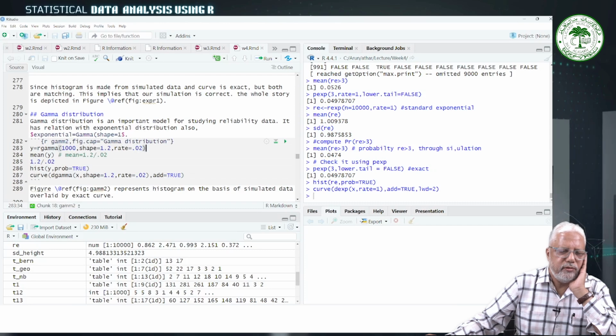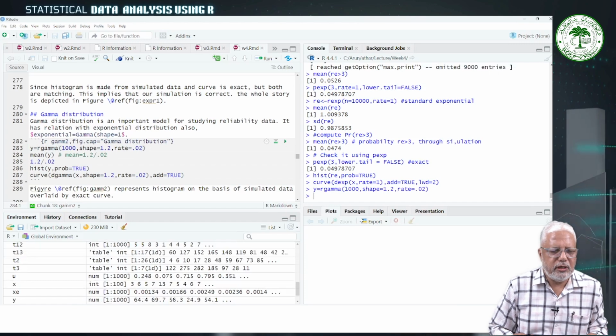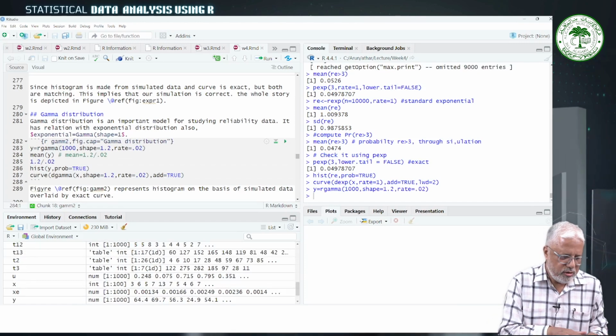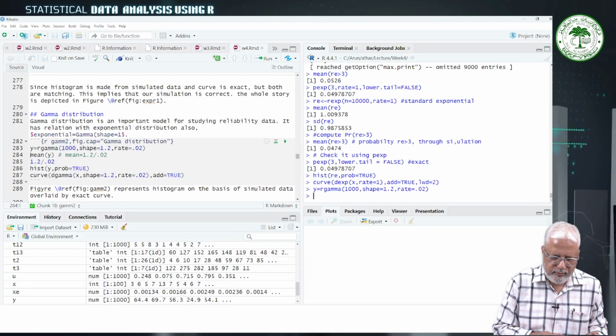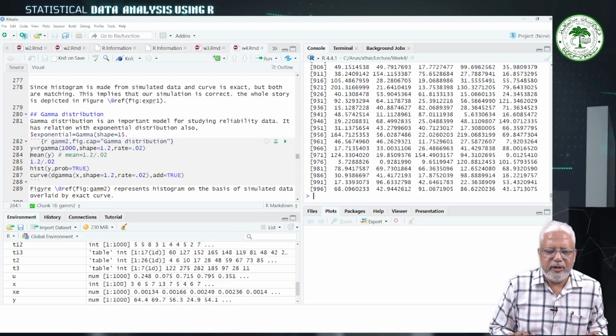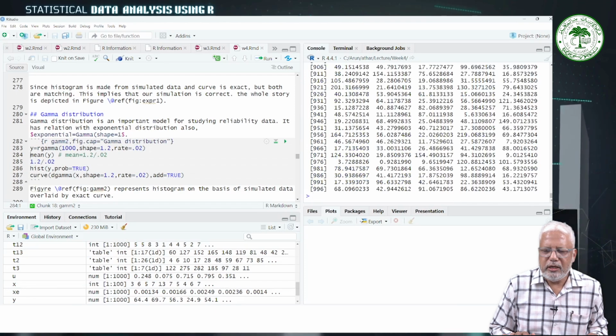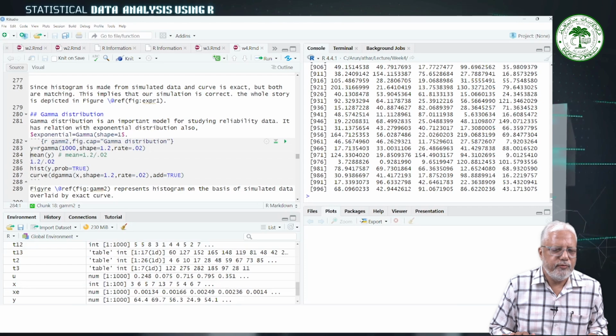And then these are the simulated 1000 values from gamma distribution with shape equal to 1.2 and rate equal to 0.02.